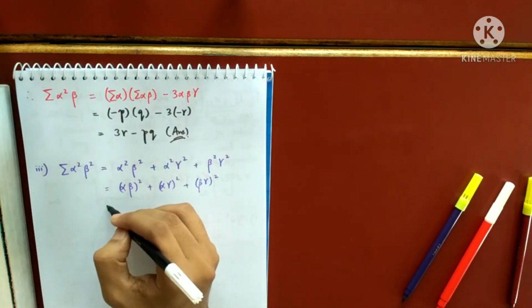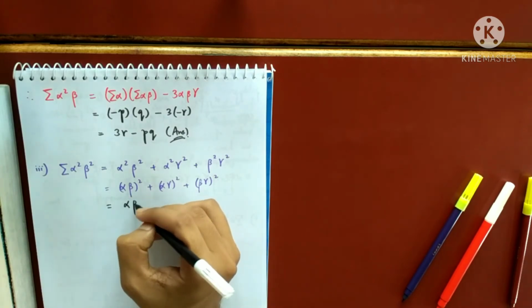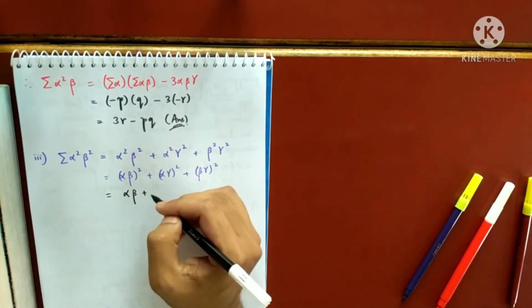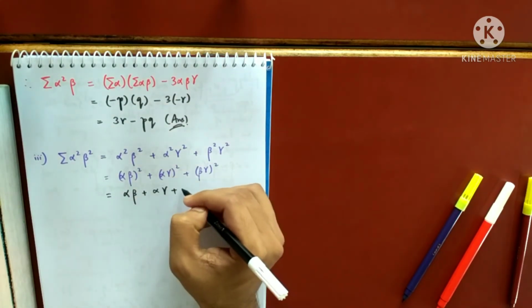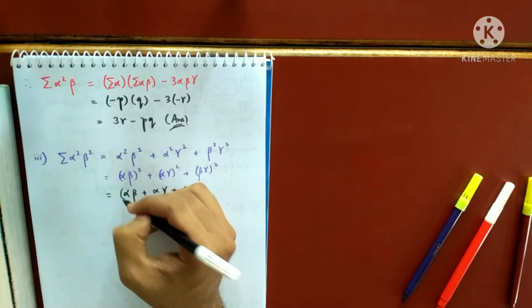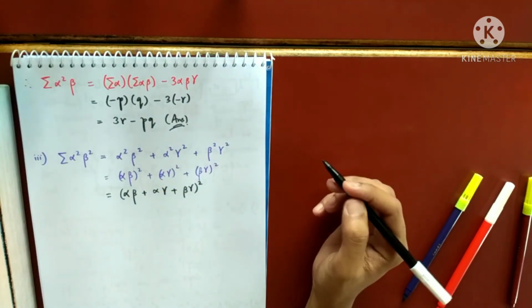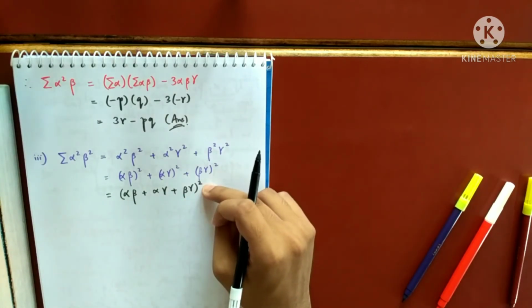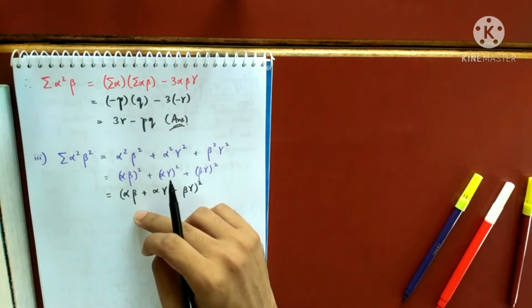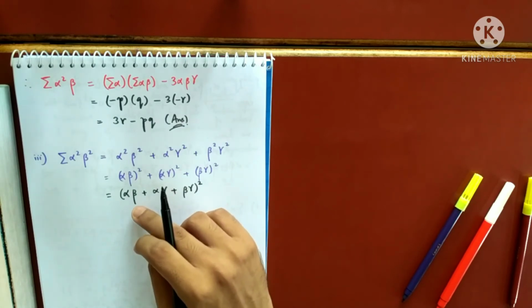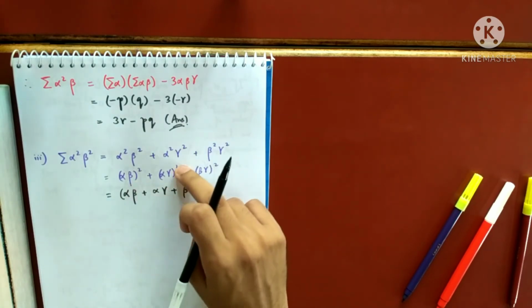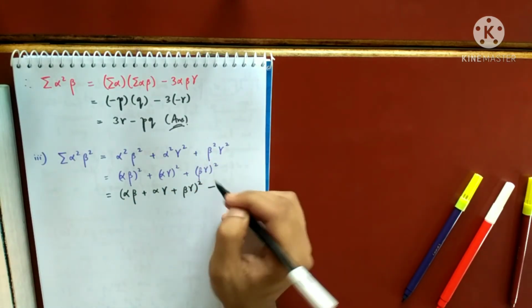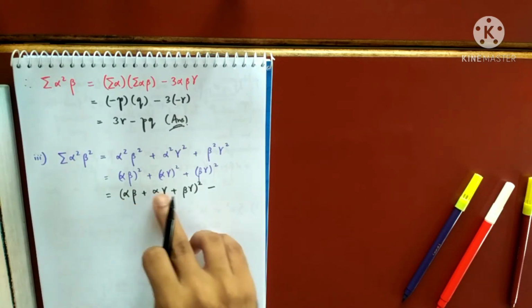Whenever you see a square plus b square plus c square, you always write a plus b plus c whole square, and then you subtract so many things. So if I take a plus b plus c whole square as I did in question number 1, a square is there, b square is there, c square is there. I'll get extra 2ab, 2bc and 2ca.